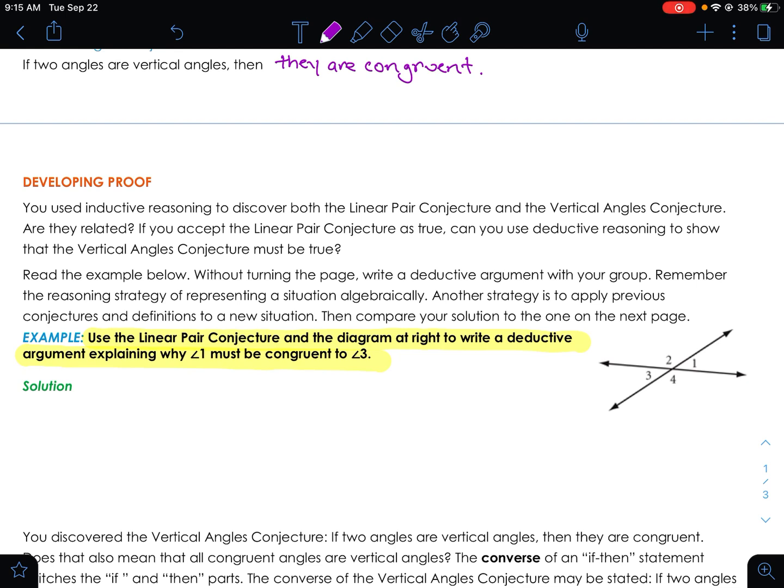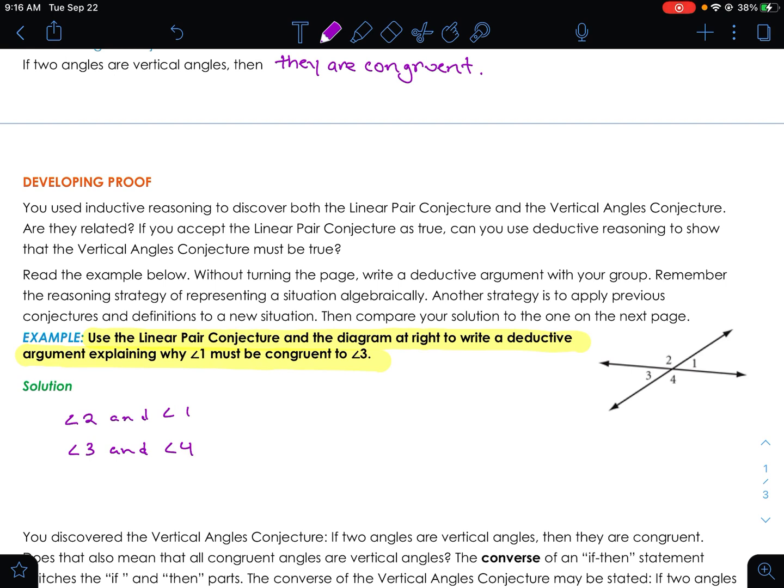And remember, the linear pair conjecture tells us that a linear pair of angles is supplementary, adds up to 180 degrees. So let's start by figuring out where our linear pairs are. Our linear pairs here are angle 2 and angle 1, and angle 3 and angle 4.